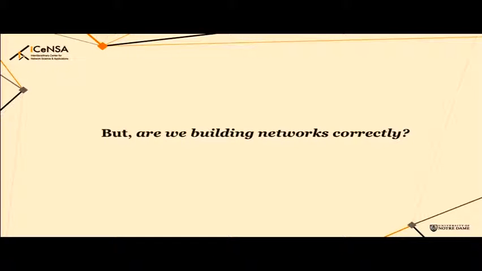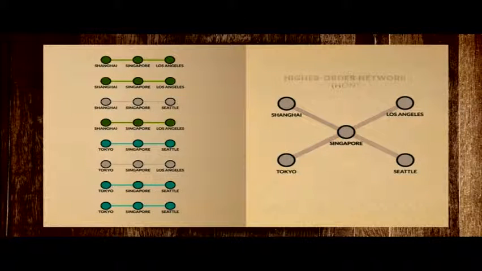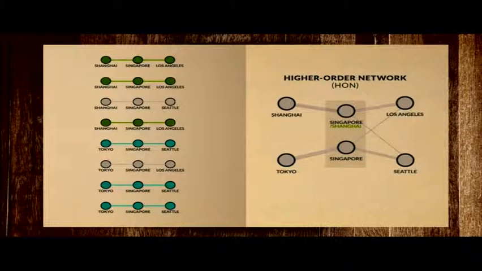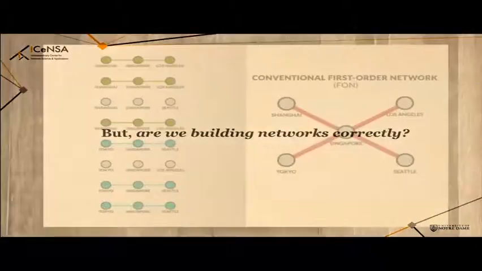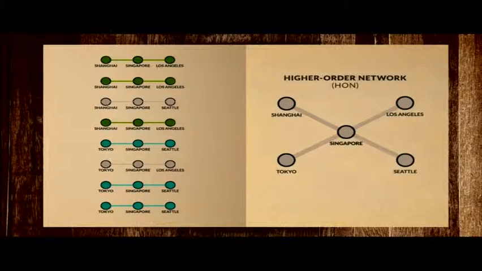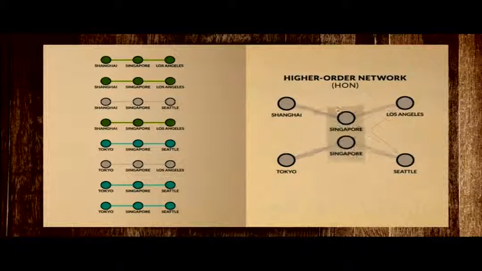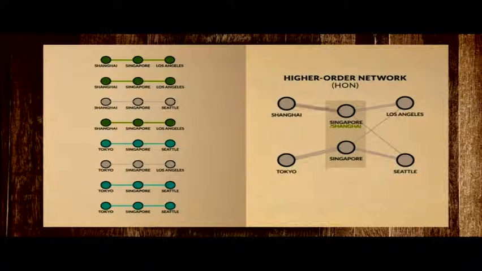We were not capturing the higher order dependencies and the variable order dependencies that exist in this data. We did not capture the higher order dependence, which I've made a point already is extremely important. So for the rest of the talk, I will introduce the higher order networks algorithm.